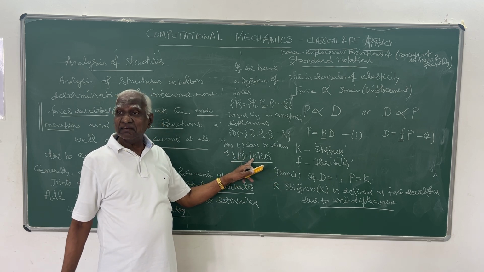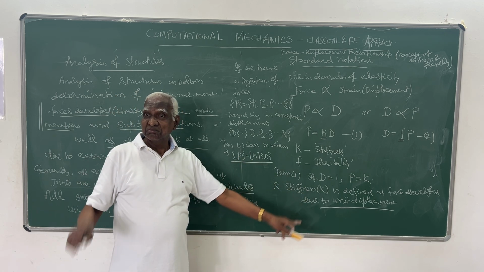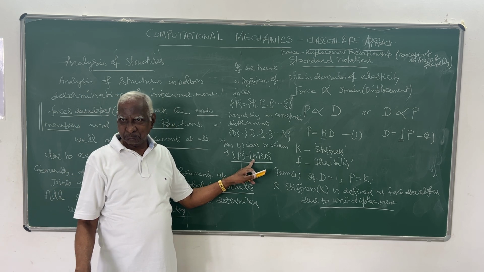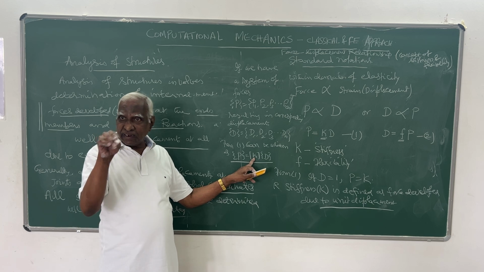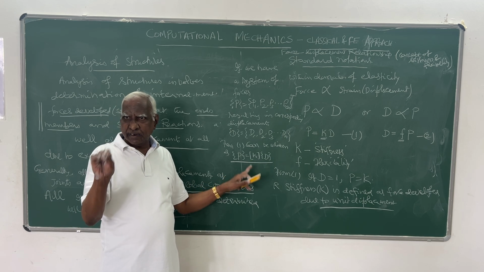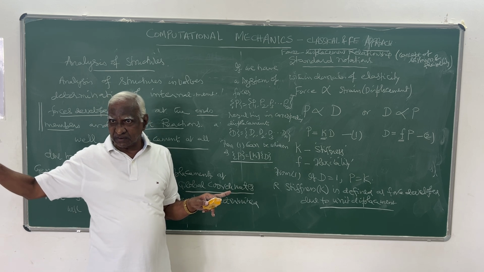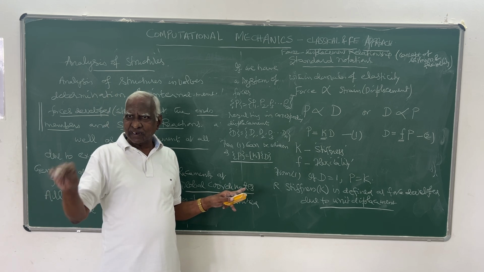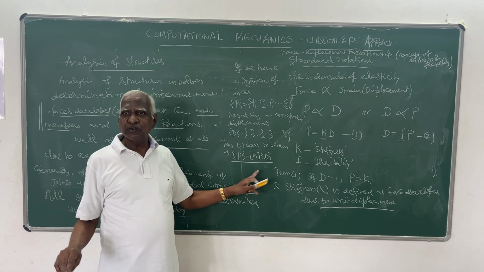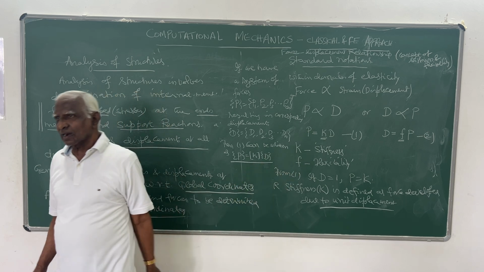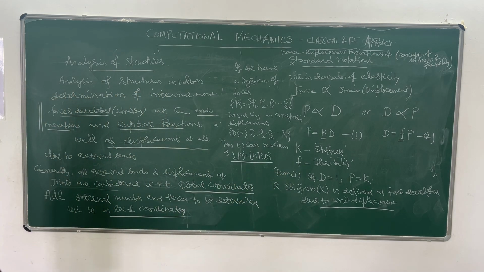How to generate K, that also I have told now. Any element Kij consists of ith row, jth column. So Kij, you can determine by applying a unit displacement along j, that is j equal to 1. Whatever force developed at i, you find out. That is Kij. Like that, each thing can be related. That is matrix notation. Force displacement relationship is P equal to K D.